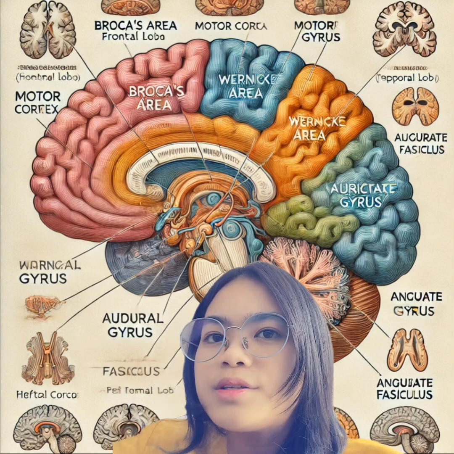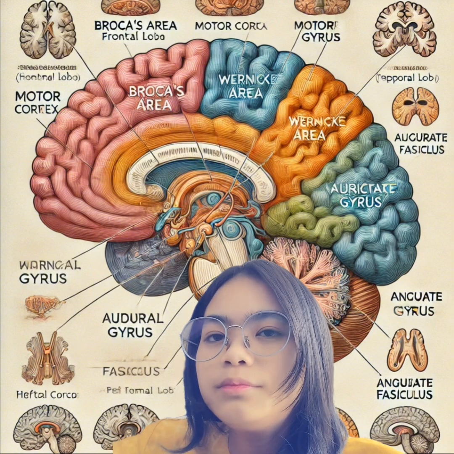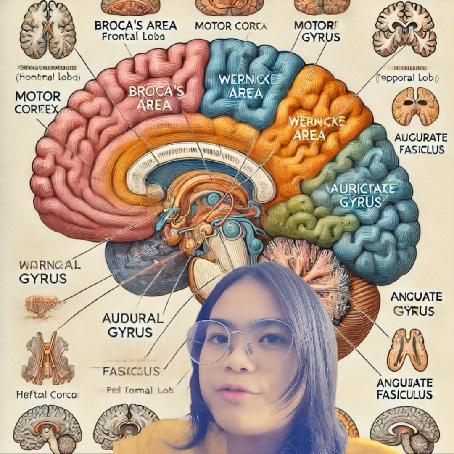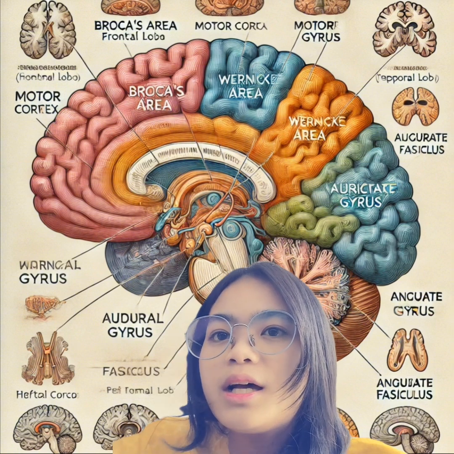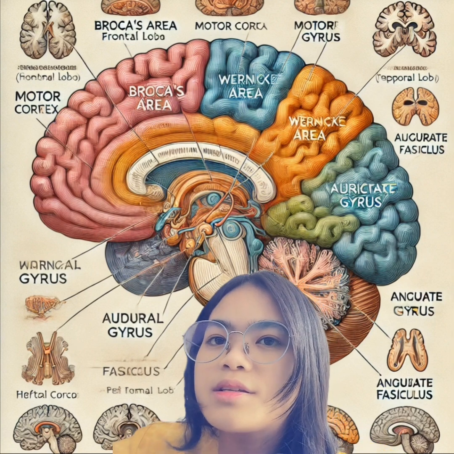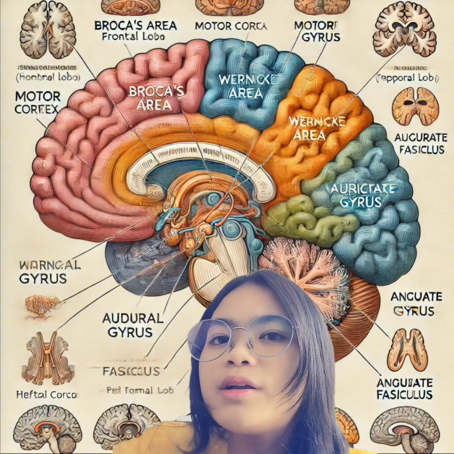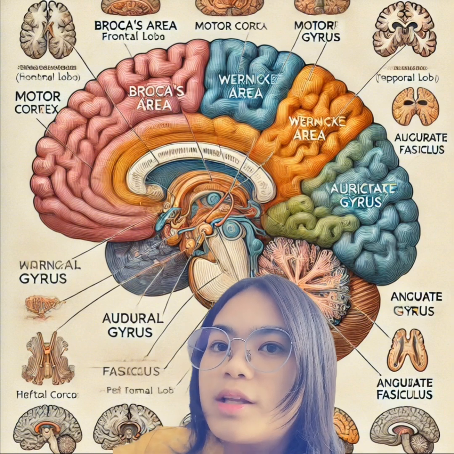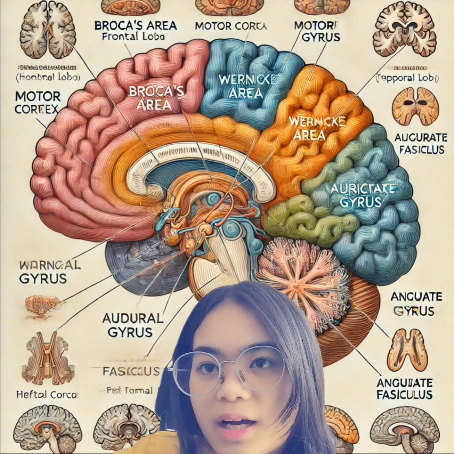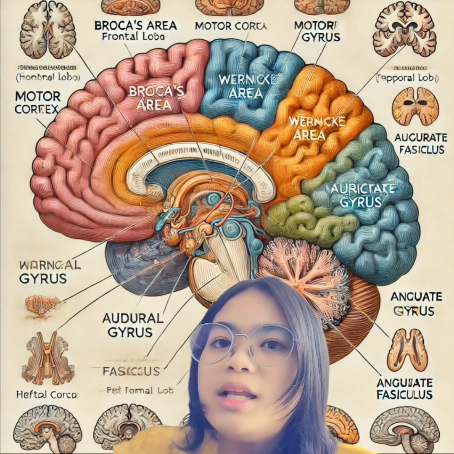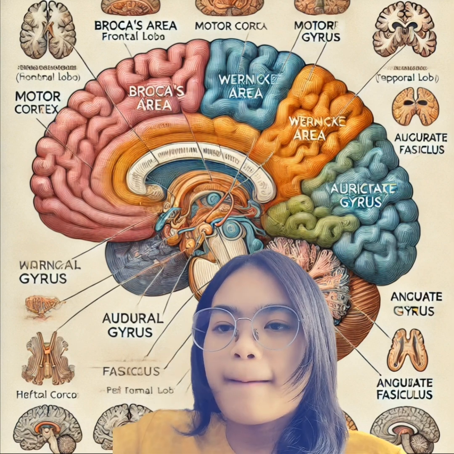And for dysarthria, which affects speech through muscle weakness, this is caused by damage to the motor cortex. For example, a stroke can make it difficult to move the tongue and lips properly, leading to slurred speech.